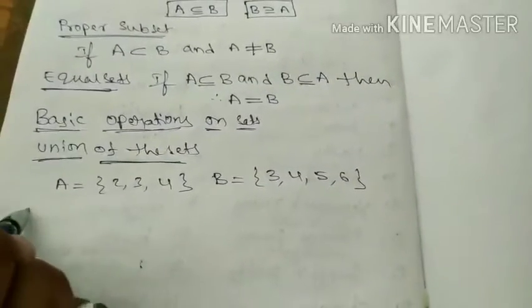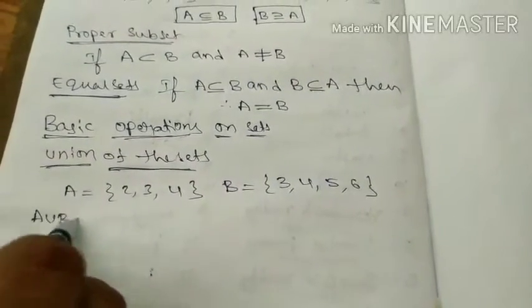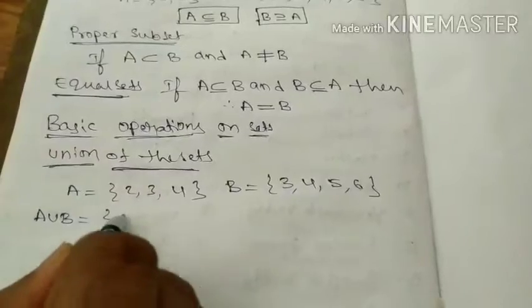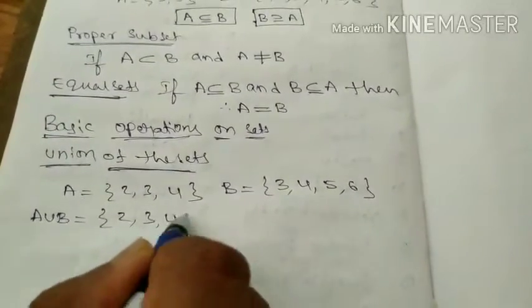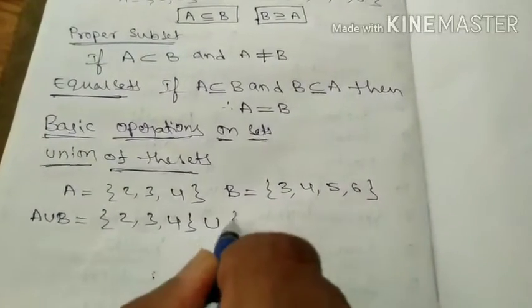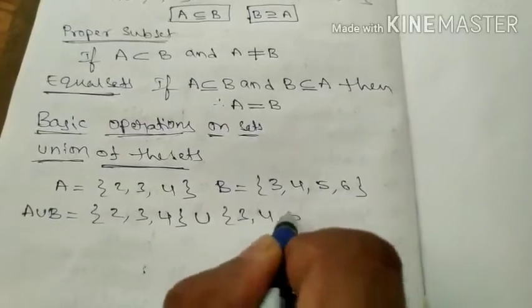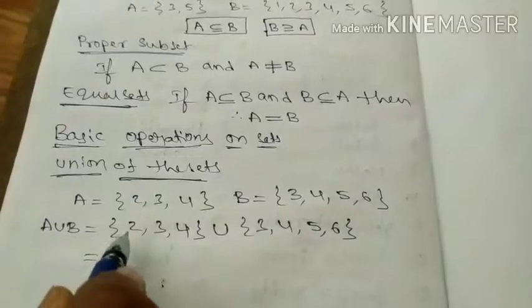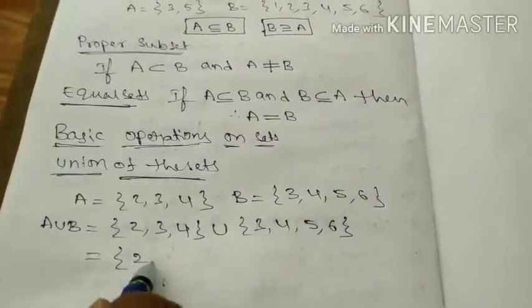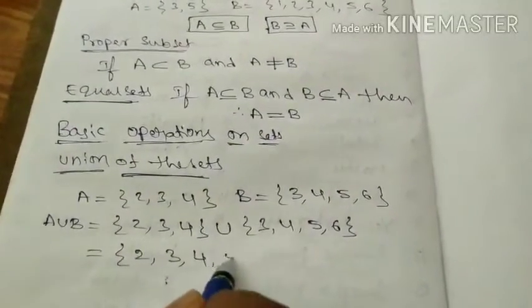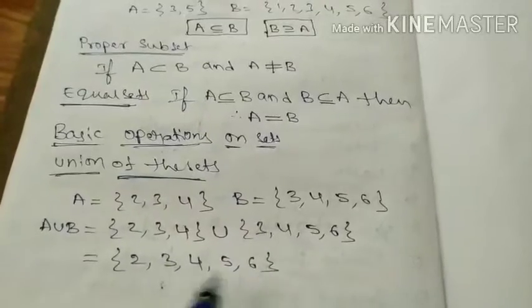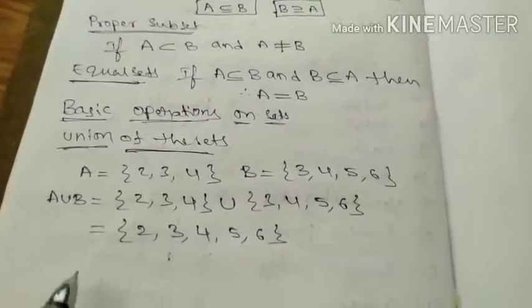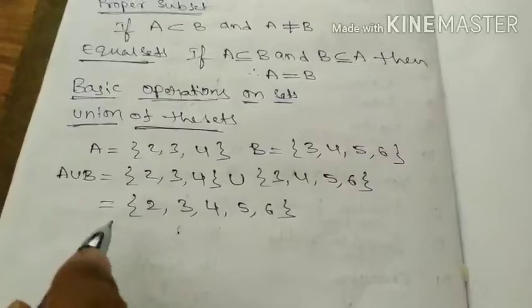Now how to find A union B? A is {2, 3, 4} union B is {3, 4, 5, 6}. Now union means all the elements of A and B. What are the elements? 2, 3, 4, 5, 6. This is A union B. Similarly, B union A will also give the same.